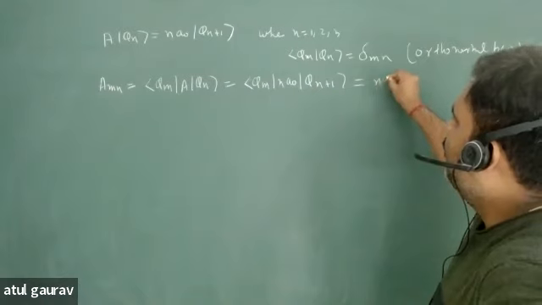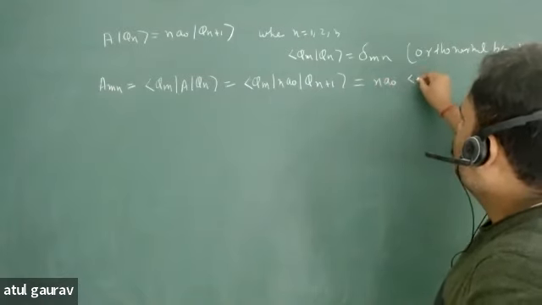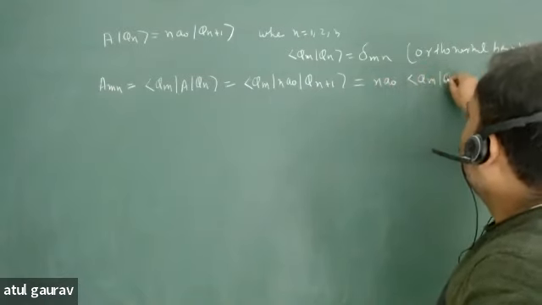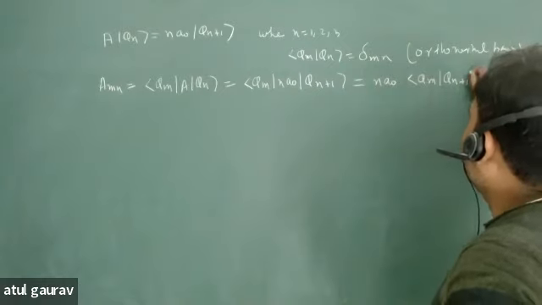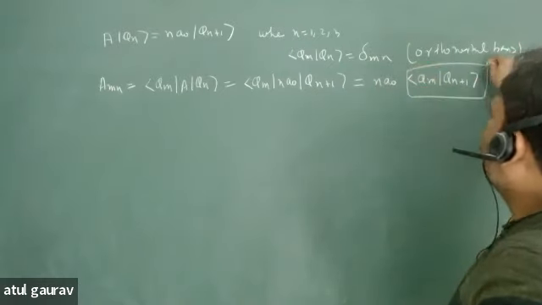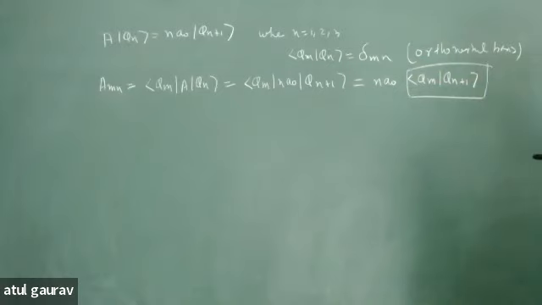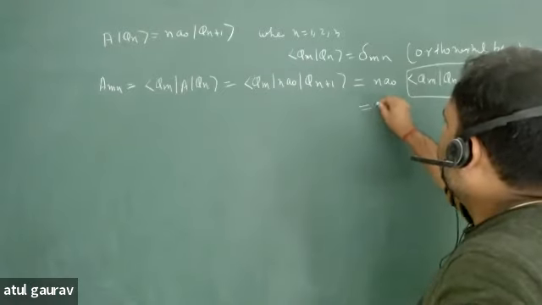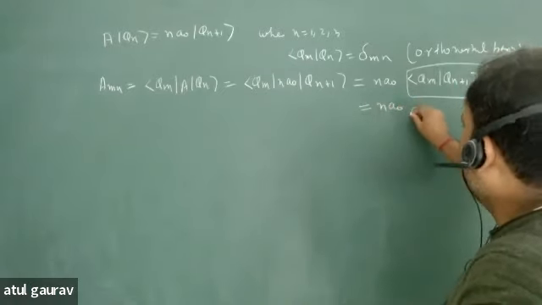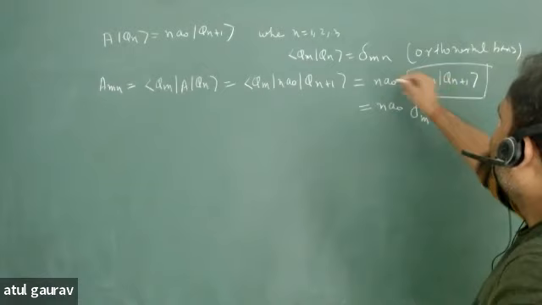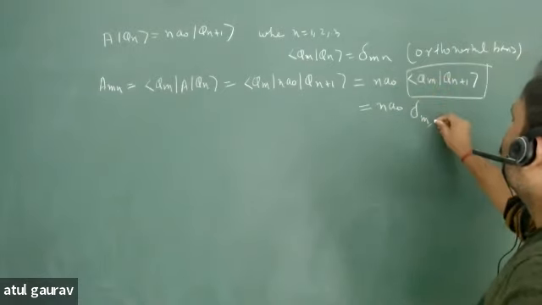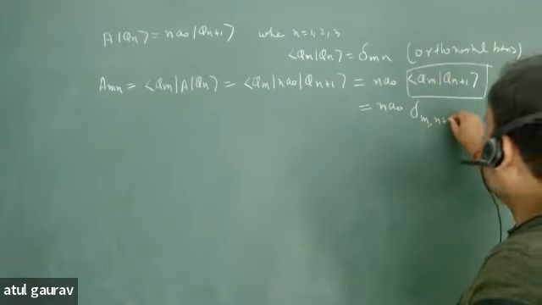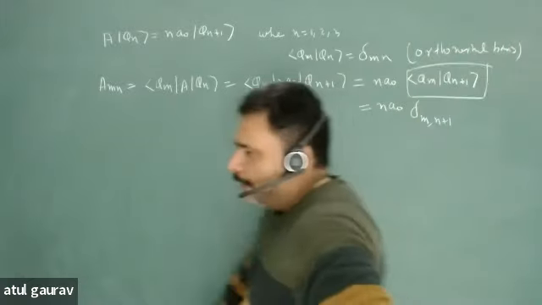So that will be n a naught, and this is phi m phi n plus 1. इसे क्या लिख सकते हैं? Delta m, n plus 1. So that is n a naught delta m, n plus 1. और डेल्टा m तो m ही रहेगा, n की जगह पर n plus 1 आ जाएगा. ठीक है.